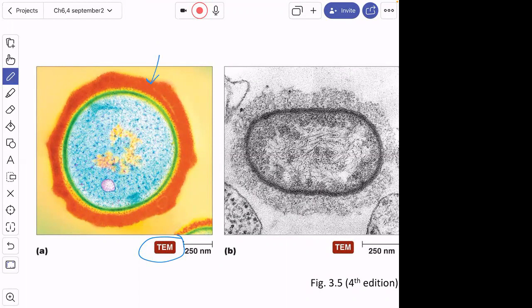But in both of these, here's the cell wall. This is some kind of capsule outside the cell. Sometimes if you don't know what you're looking for, it's kind of hard to see what you're actually seeing. So that's a drawback. If you just look at the units, 250 nanometers, that tells you that this is not light microscopy, pretty small units.